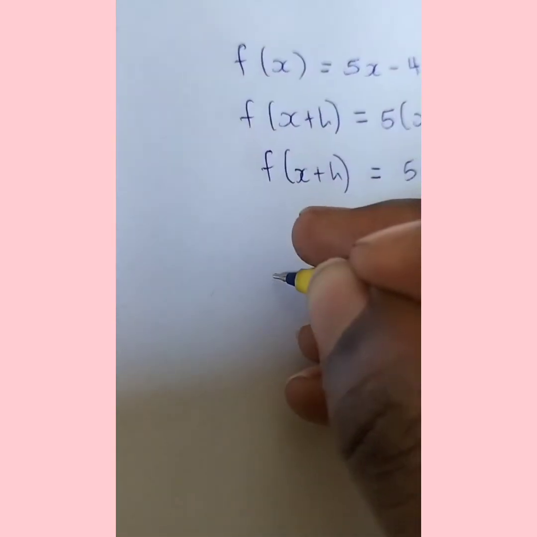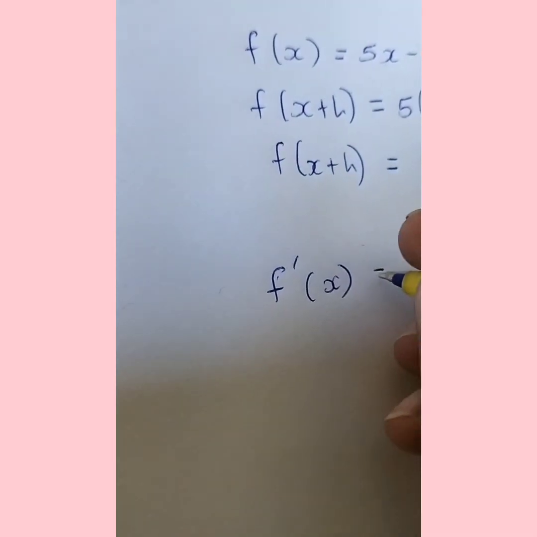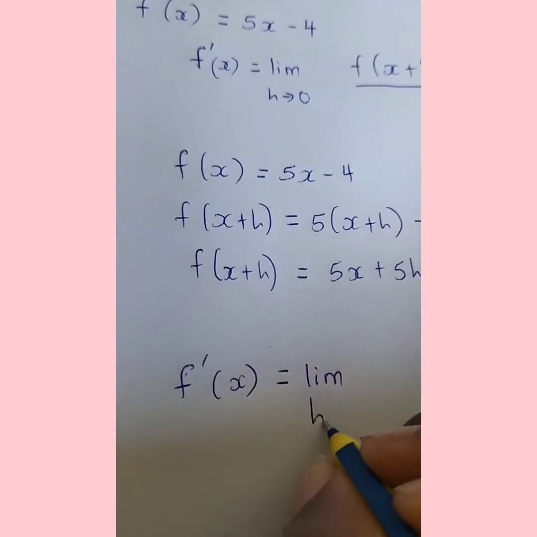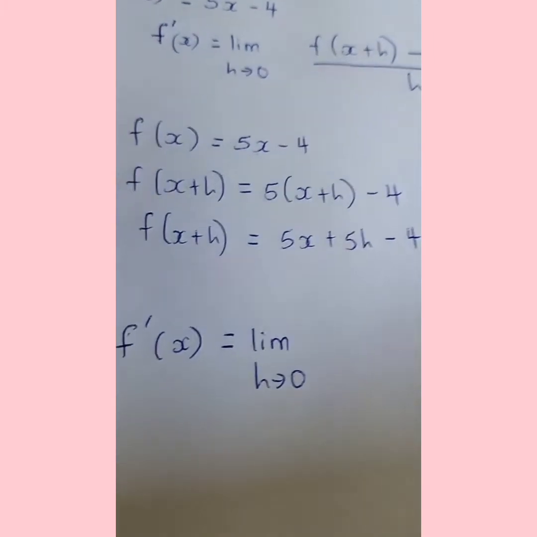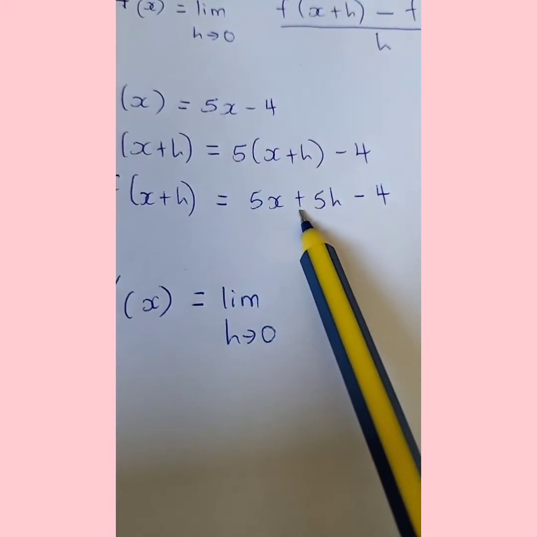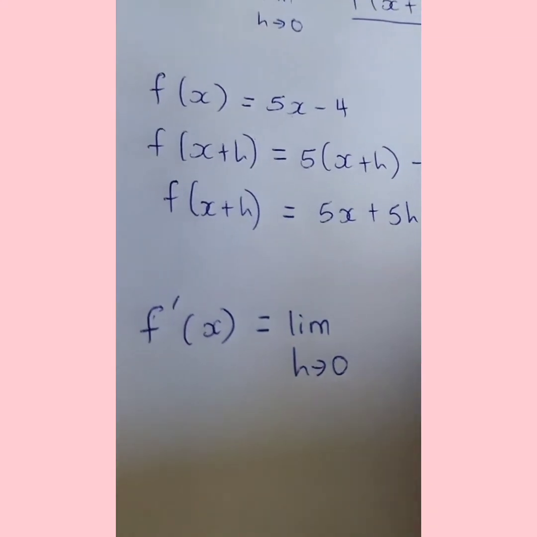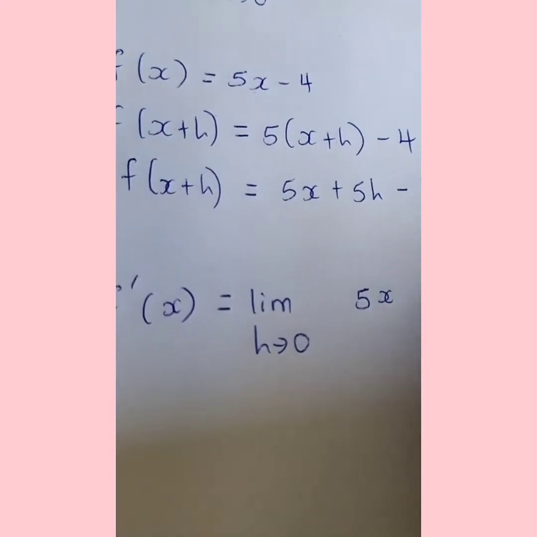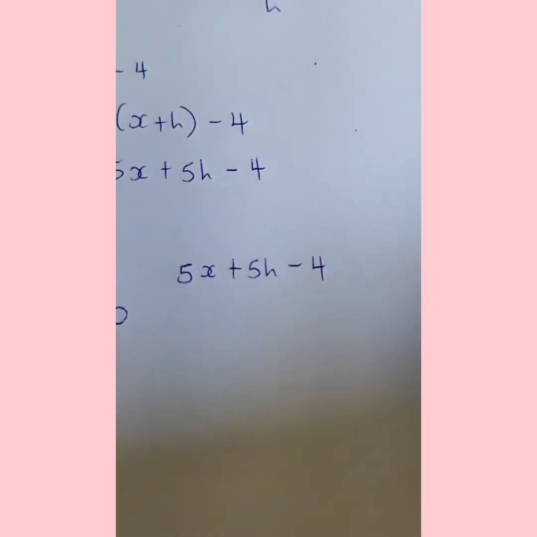So the derivative is equal to the limit as h goes to 0. The one for x plus h is this one, 5x plus 5h subtract 4.